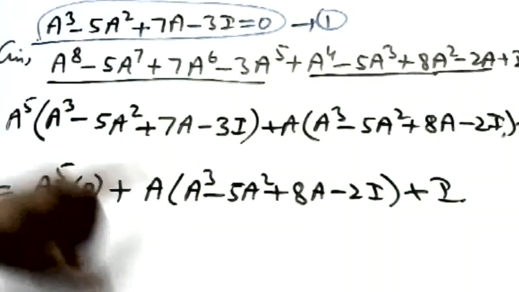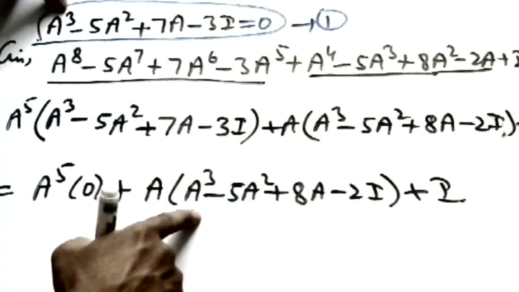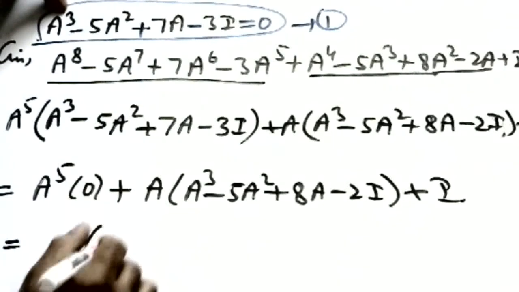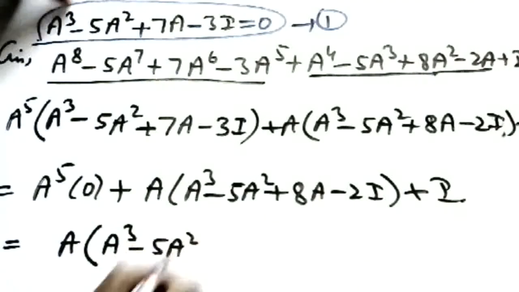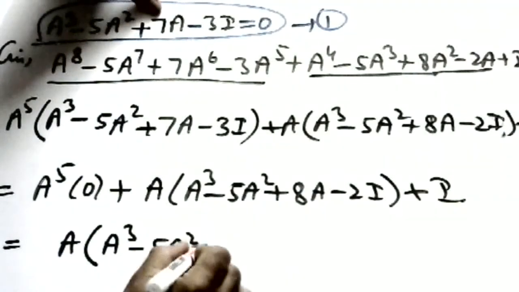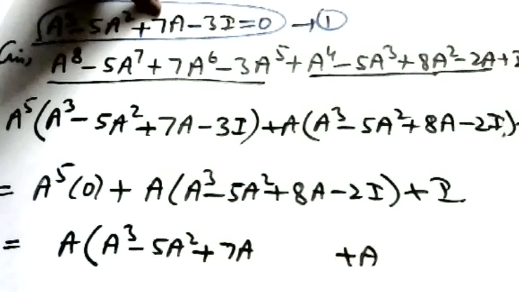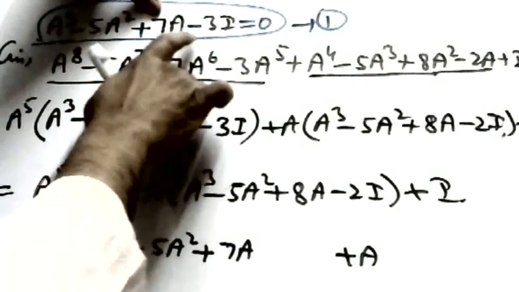So this becomes 0. Now watch carefully. There is a slight change between this. We can change like this. Equals A into A cube, you write as it is, A cube minus 5A square. We want 7A, so you can write 8A as 7A plus A. Why are we changing like this?